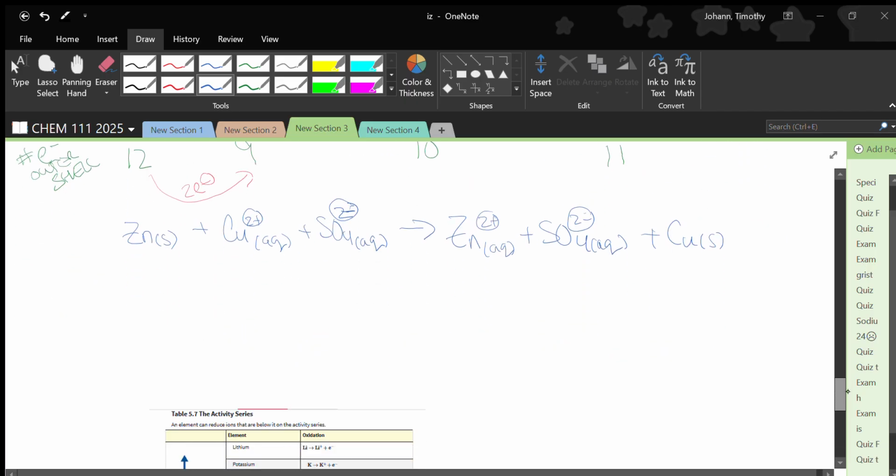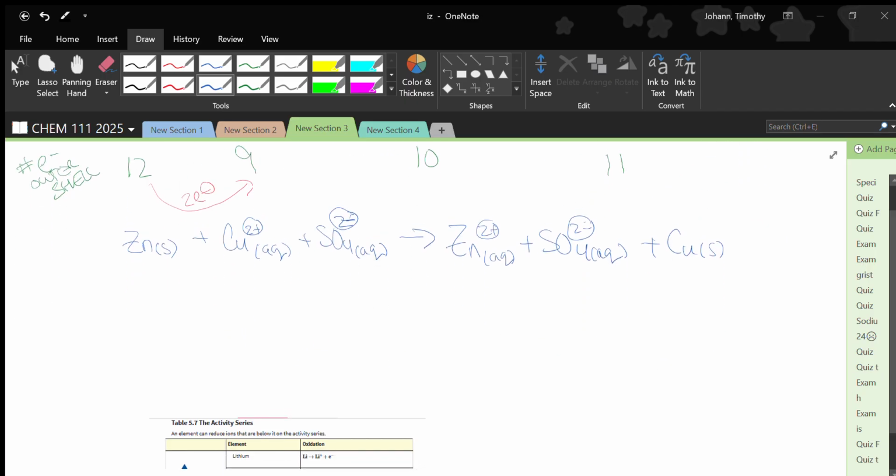All right. Once you've written that down, go ahead and underline on your page the spectator ions.